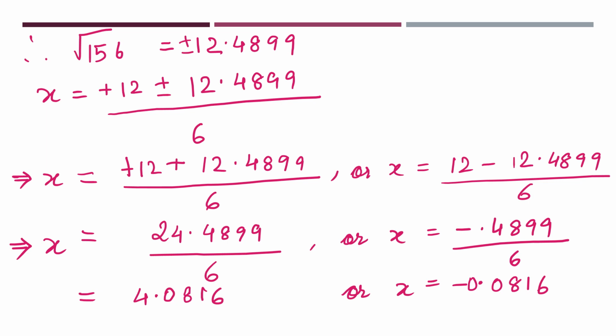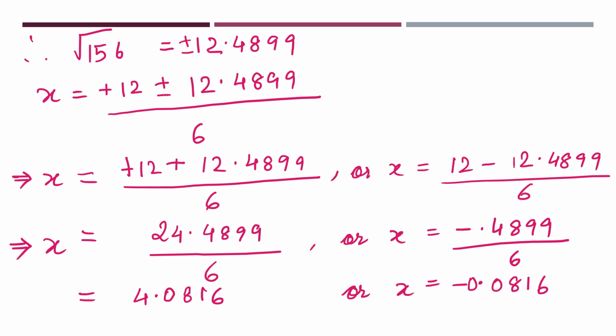What we find is that root 156 is equal to 12.4899, x is equal to plus 12 plus minus 12.4899 upon 6. X is equal to plus 12 plus 12.4899 upon 6, or x is equal to 12 minus 12.4899 upon 6.